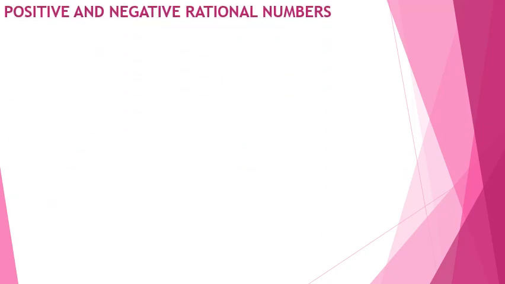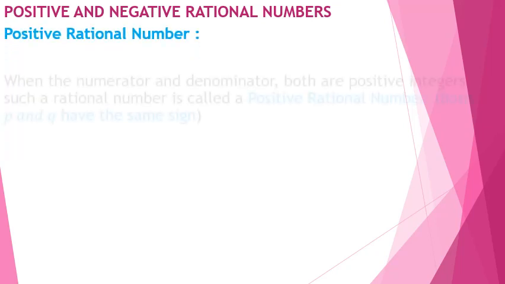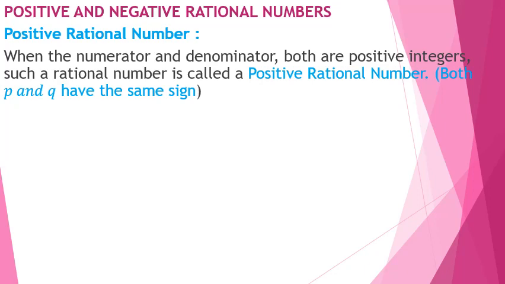Next is positive and negative rational numbers. Positive rational number: when the numerator and denominator both are positive integers, such a rational number is called a positive rational number. That is, both p and q have the same sign.